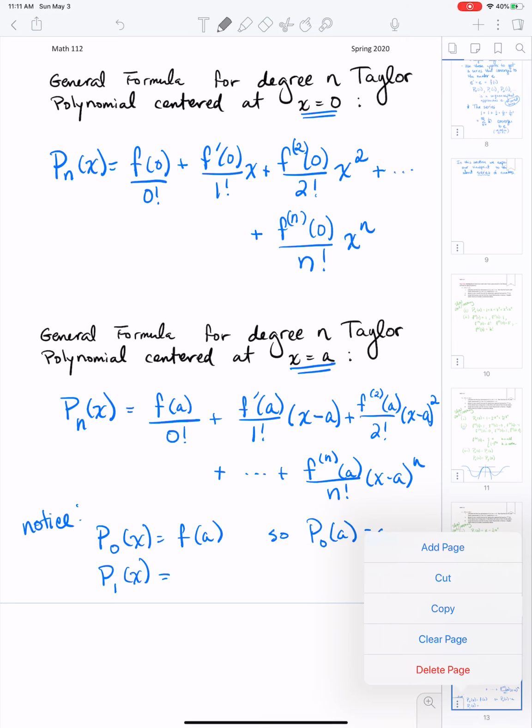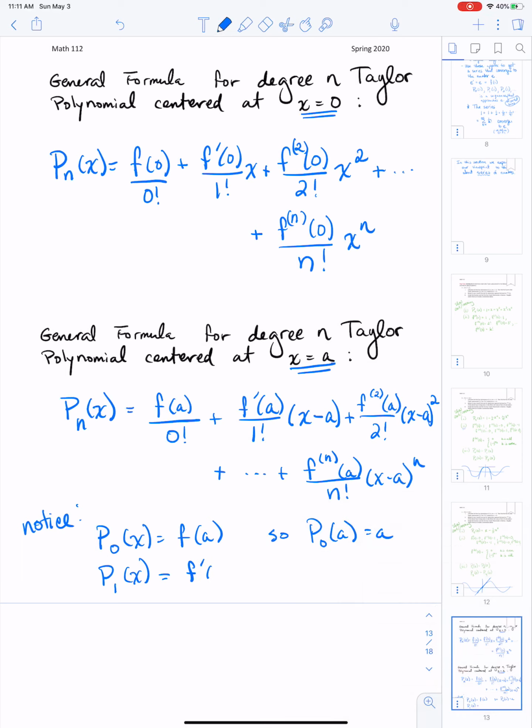For the second term, we differentiate x minus a, so we have f prime of a over 1 factorial times the derivative of x minus a, which is just 1.